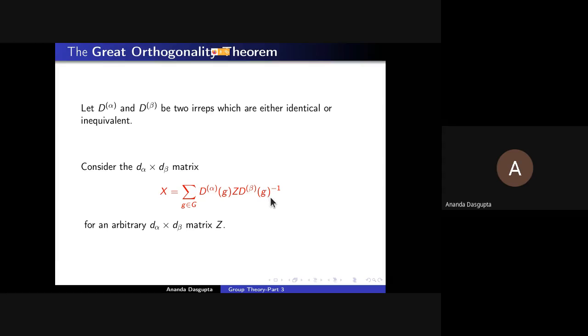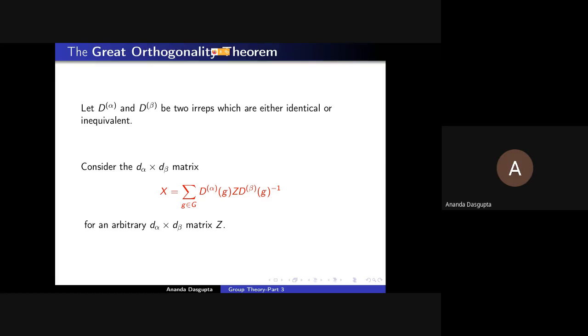Putting a matrix Z in between, which is an arbitrary d alpha by d beta matrix, this whole thing becomes a d alpha by d beta matrix. This is d alpha by d alpha, this is d alpha by d beta, this is d beta by d beta. This matrix multiplication is well defined. Clear? But I don't stop there.